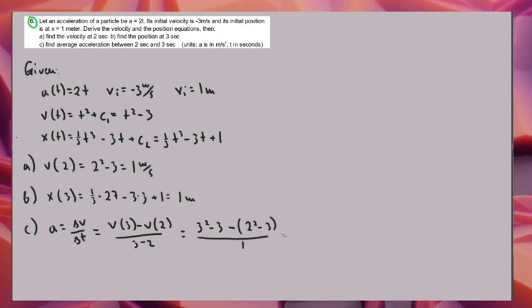So 9 minus 3 is 6, minus 4 minus 3 is 1, divided by 1, which gives me 5 meters per second squared as the average acceleration between 2 and 3 seconds. All right, so that's that for these problems.